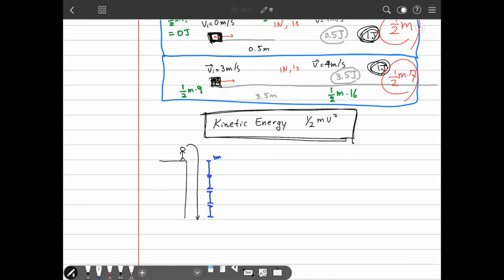Okay, so there's four 1-meter spans, and since there's acceleration from gravity, your velocity going down will be faster, and you're gonna fall faster, faster, faster.